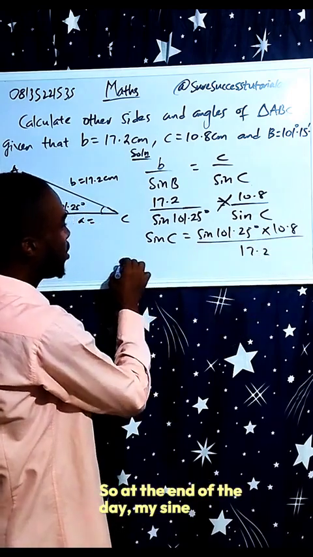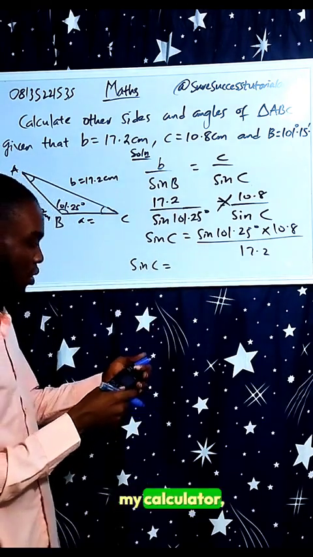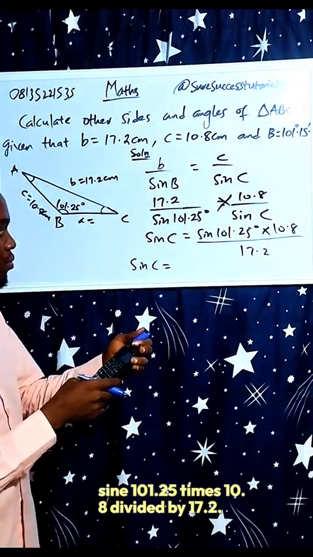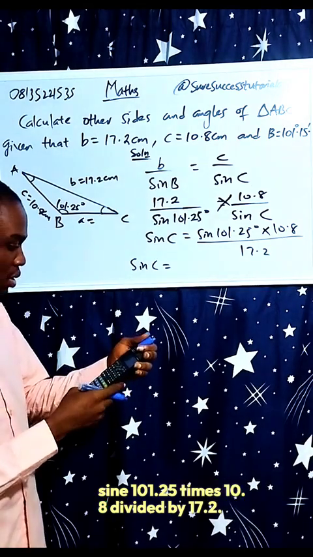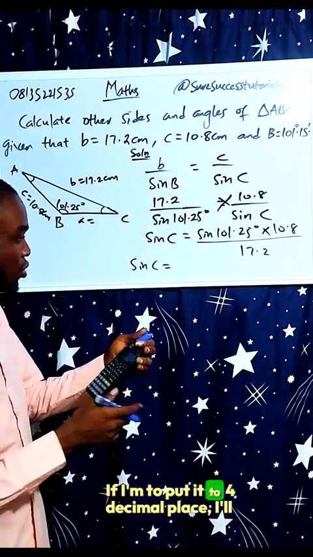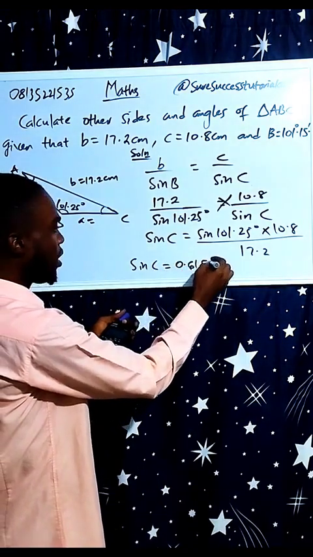At the end of the day, my sine big C will be equal to, if I make use of my calculator, sine 101.25 times 10.8 divided by 17.2. To 4 decimal places, I'll have 0.6158.